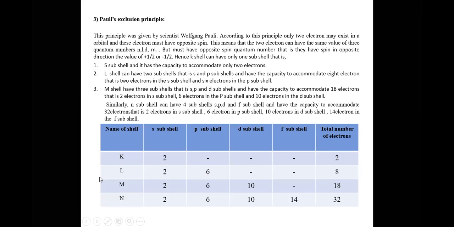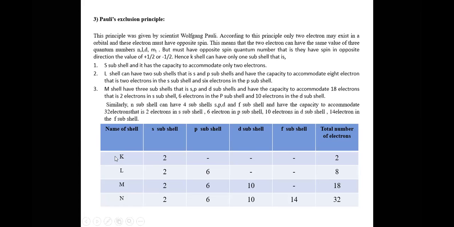In the F subshell we know that there will be 7 orbitals, and each orbital can have 2 electrons, so totally 14 electrons in the F subshell. So altogether the N shell can have 32 electrons.